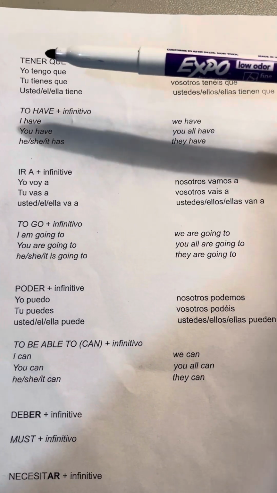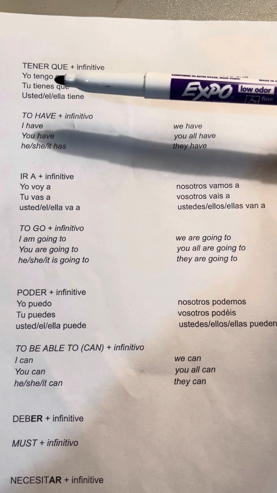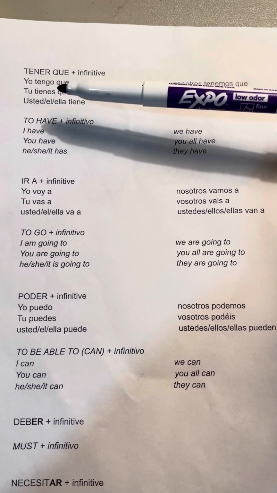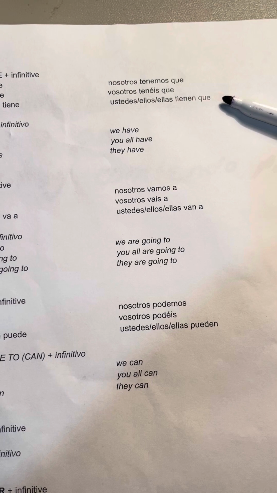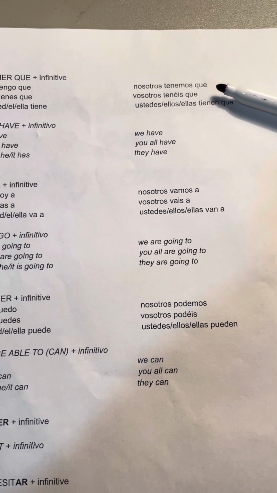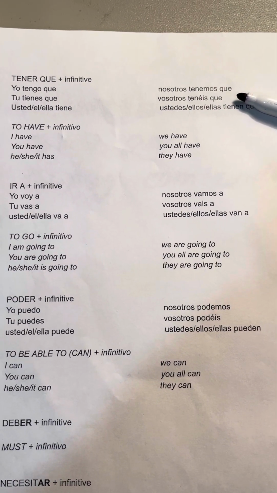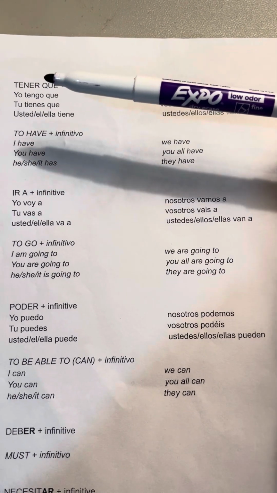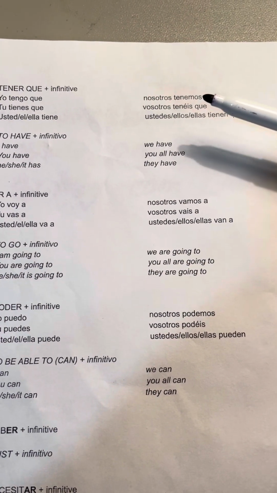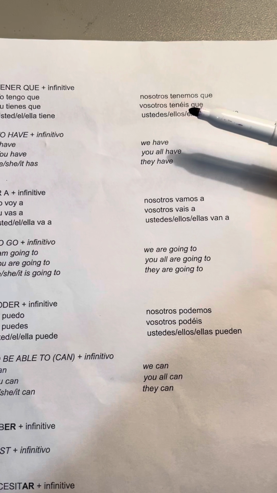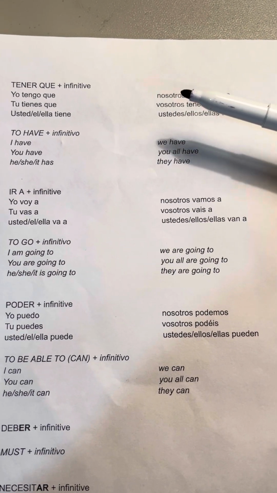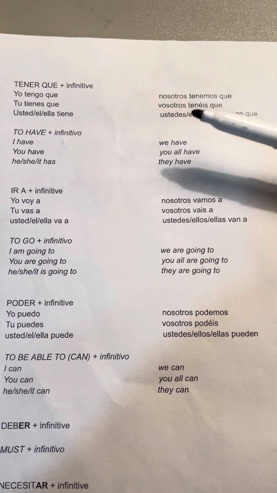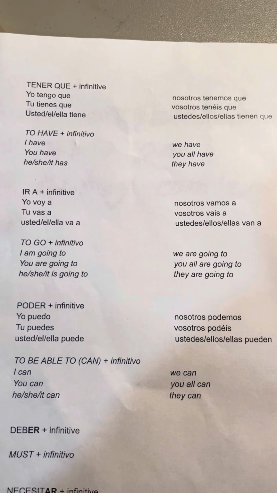You can see that it's an ER verb. It's irregular in four of the endings. Tenemos and tenéis are regular. Just like an ER verb, you take off the ER, you put emos and éis.